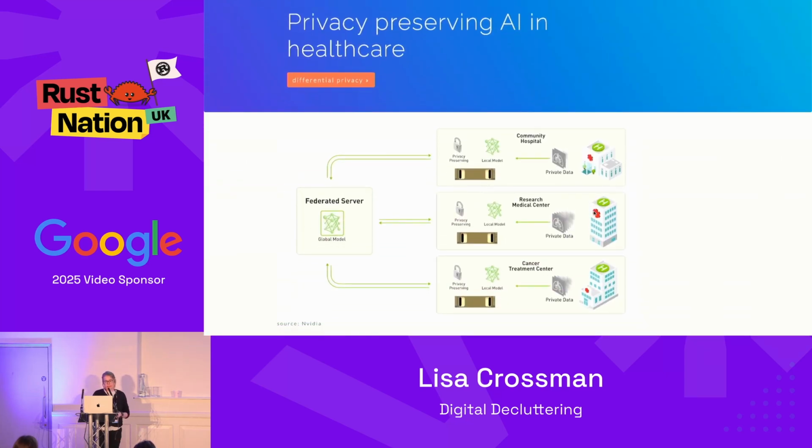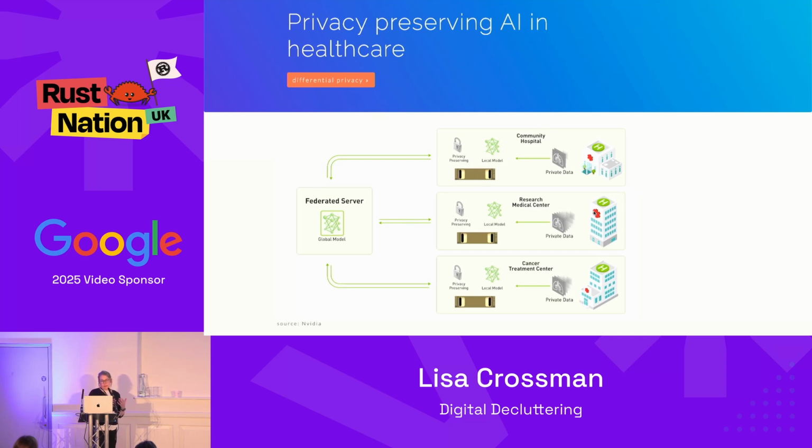A few years ago, NVIDIA proposed some differential privacy, as in privacy-preserving AI in healthcare. What they were proposing was that various hospitals or research centres could do some medical imaging, and these images would then be used to train a local model.